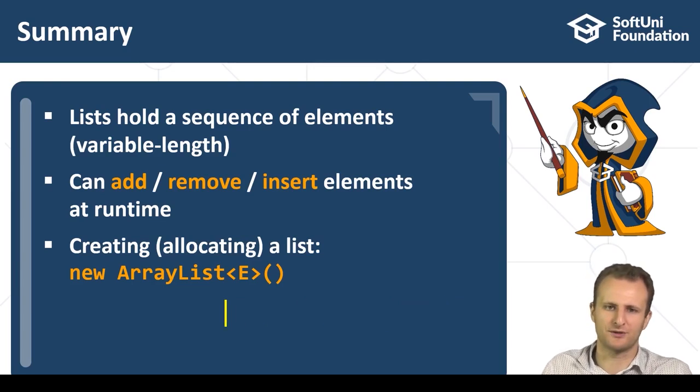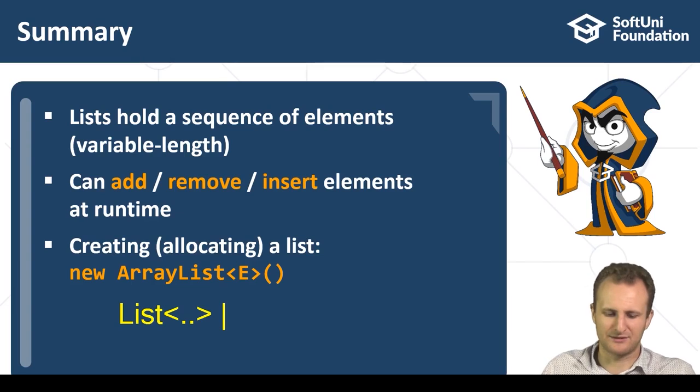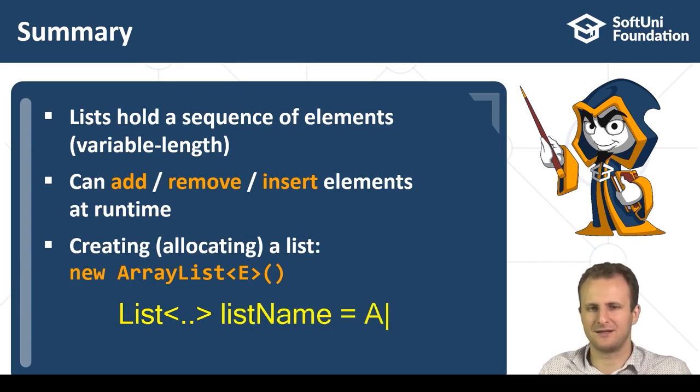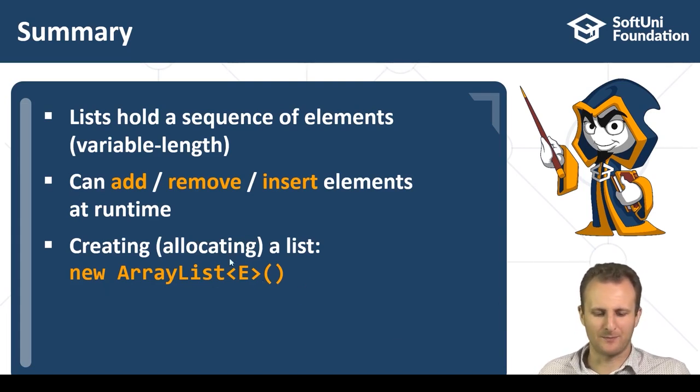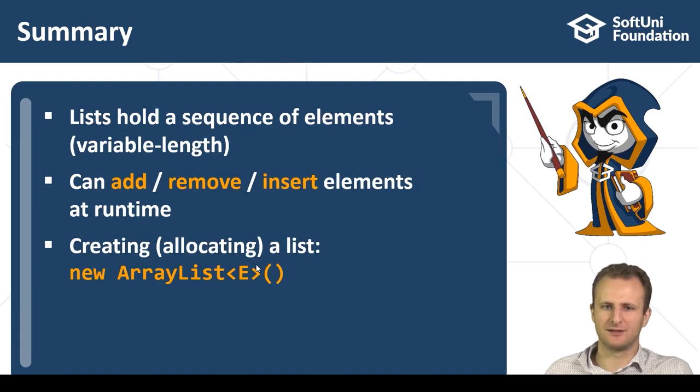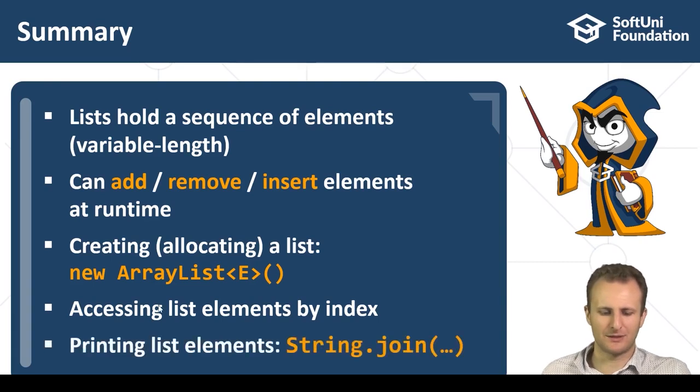Both of these would work, but I'd suggest you get used to the syntax List of some data type, then add your list name, and then say equals new ArrayList and close the brackets. This isn't exactly very visible, but you get the idea. Okay, so this is how you create a list, and every other operation which you have in an array can be done in a list.